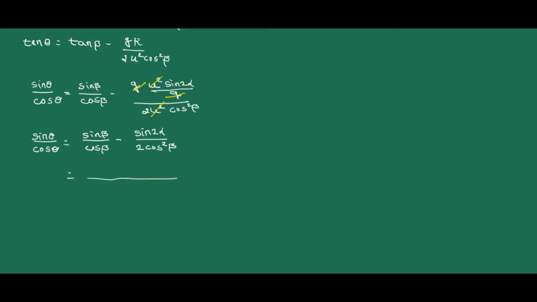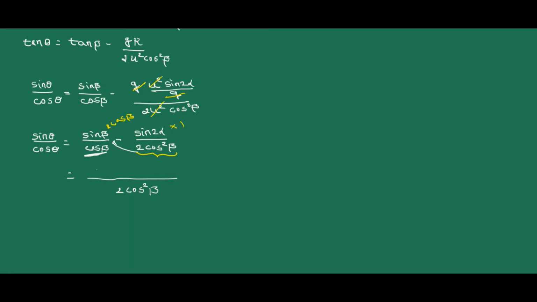If you take LCM, LCM is 2 cos square beta, and by using cross product, if you multiply with this, here in the denominator one of the terms is cos beta, means you have to multiply with 2 cos beta only. Here we have to multiply with 2 cos beta, and here LCM is 2 cos square beta, means here you have to multiply with 1.